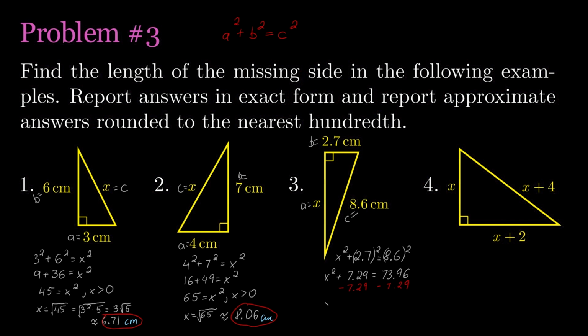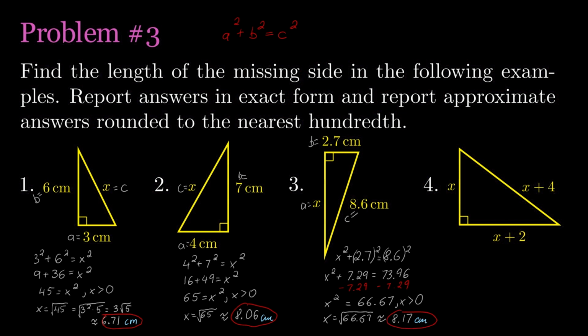That gives us x squared equals 66.67, and again x must be greater than 0 because it's the length, so x equals the principal positive square root of 66.67. That's the exact answer, and approximated to the nearest hundredth gives us 8.17, again centimeters.